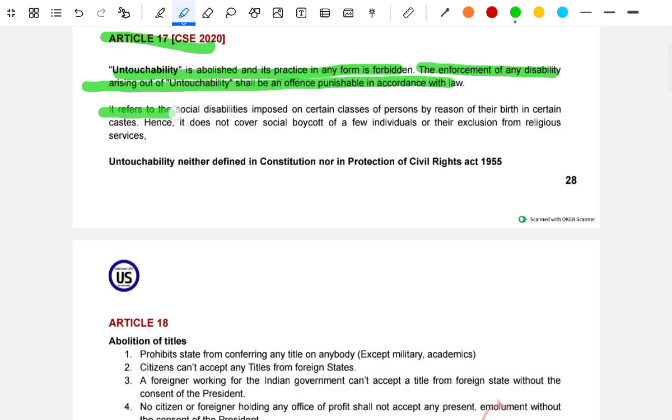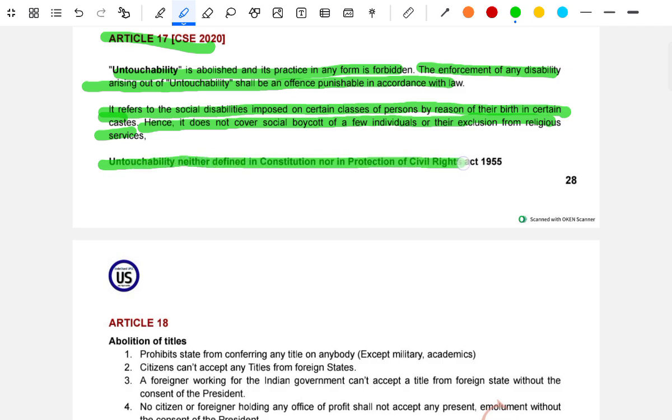It refers to the social disability imposed on certain classes of persons by birth or caste. Hence, it does not cover social boycott by a few individuals or exclusion from religious services. Untouchability is neither defined in the Constitution nor in the Protection of Civil Rights Act 1955.